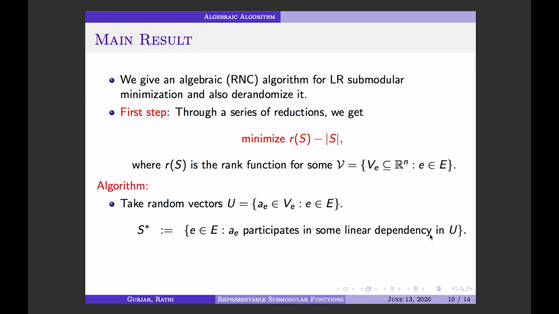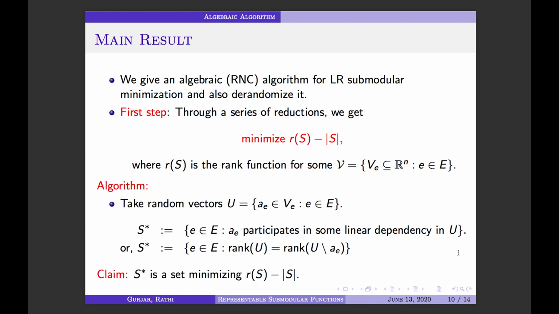It is the set of all those elements E such that the vector AE participates in some linear dependency in U. Or equivalently, you can define S star to be the set of all elements E in the ground set such that the rank of U is the same as the rank of U minus AE. Now finally our claim is that this set S star we constructed is a set which minimizes our function R of S minus S, and this finishes our algorithm.